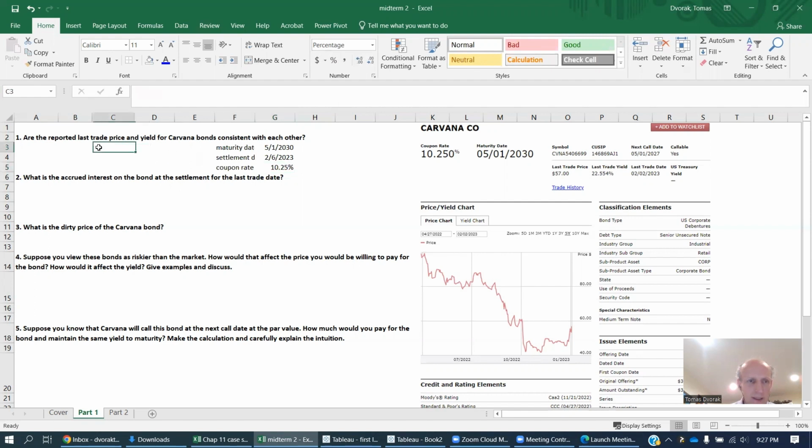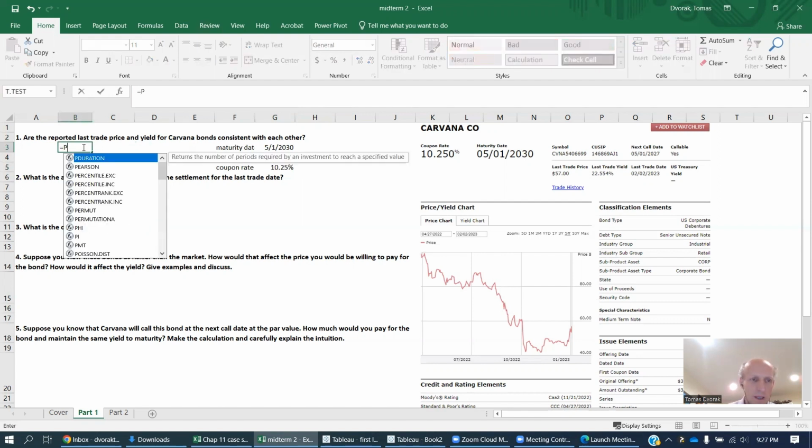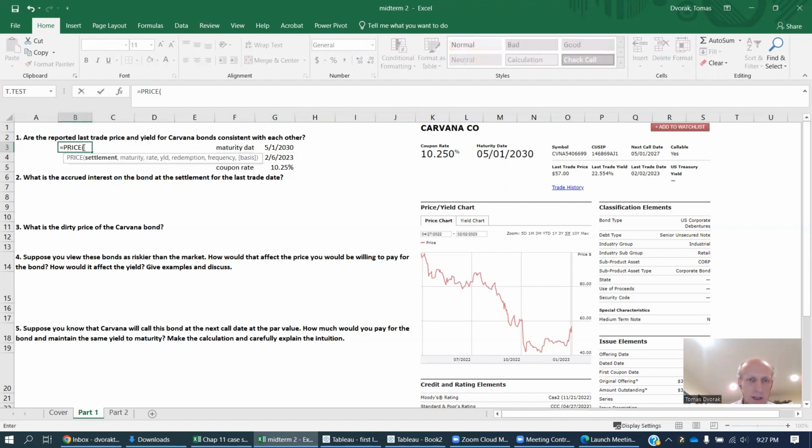All right, and let's calculate the price given the yield. So we're going to use the price function. The settlement date is here. The maturity date is here. The rate, it's the coupon rate, is here. The yield is 22.554, so we're going to write 0.22554.